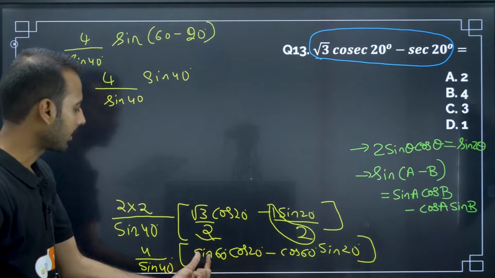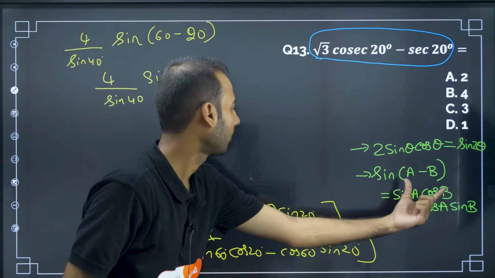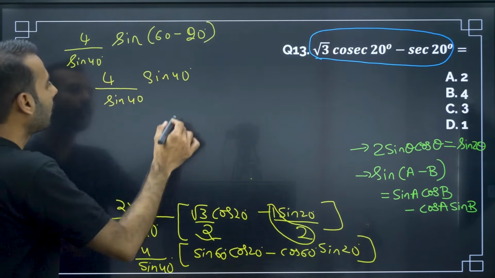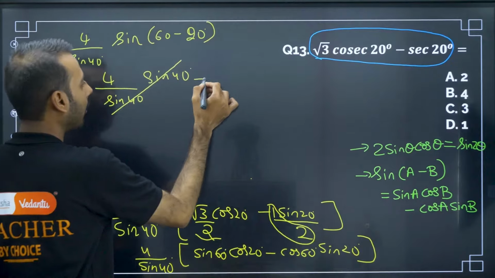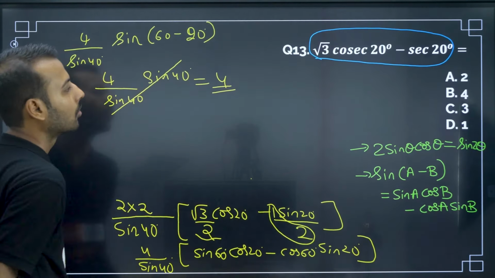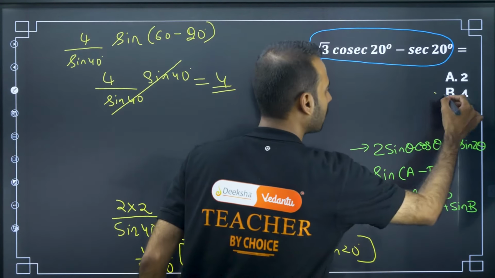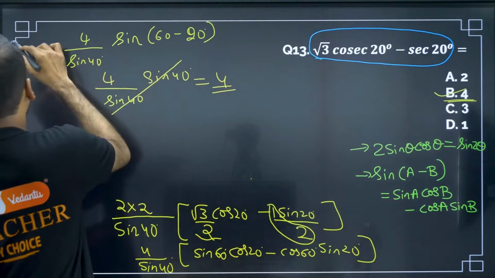See here, I am using this formula, so sine 40 cancelled, and finally we are left with 4. The answer is 4.